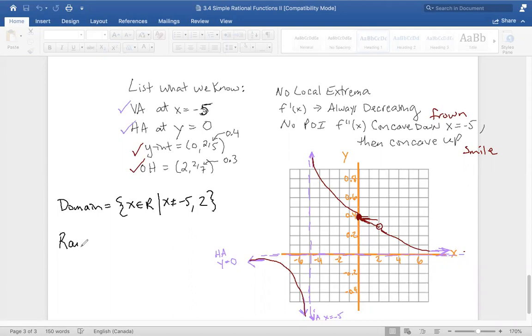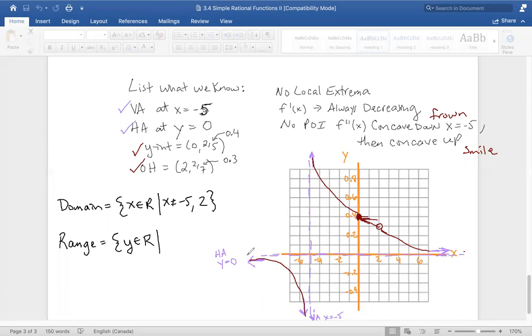And for my range, we're looking at y belonging to the set of real numbers. Are there any restrictions here? Now, if I look at my horizontal asymptote here, this part of the function is approaching, but not touching. This part of the function is approaching and approaching, but not touching the horizontal asymptote.